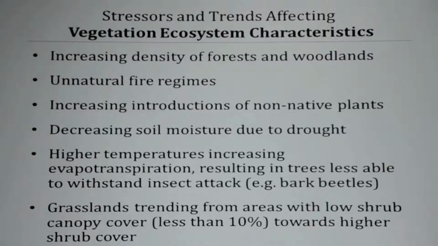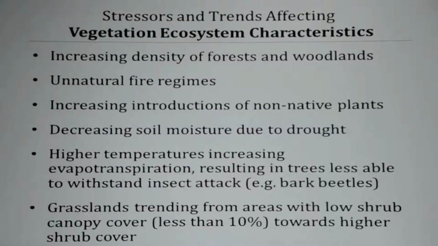So we have these unnatural fire regimes that are so destructive and cover such large areas. We have an increasing, ongoing introduction of non-native species, both plants and animals. Decreasing soil moisture due to drought is another stressor.